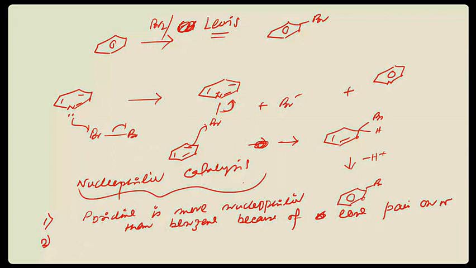Let us clarify one thing again. It is a good nucleophile compared to benzene, that's why the reaction takes place, and a better leaving group than bromine, that's why it leaves. We know bromine is also a leaving group, but as it is a better leaving group than bromine, it will leave and bromine will be a part of these benzenes. Two fantastic phenomena have already happened there, so we have to isolate and analyze them.